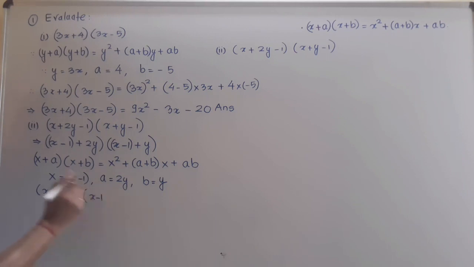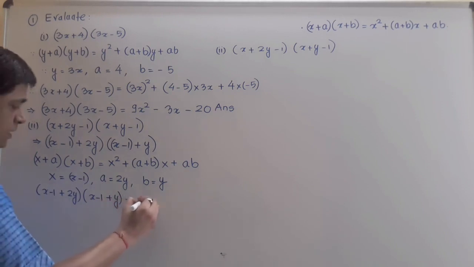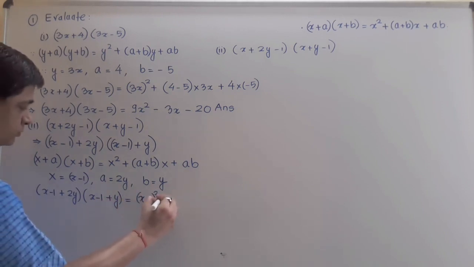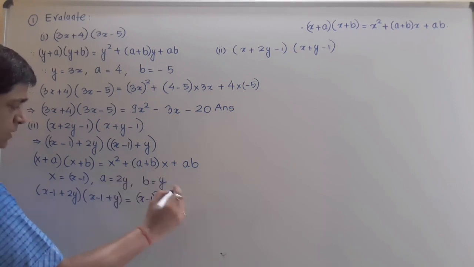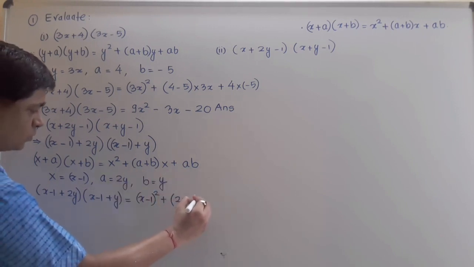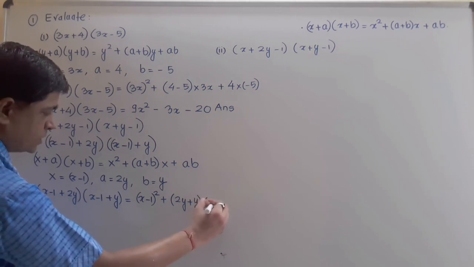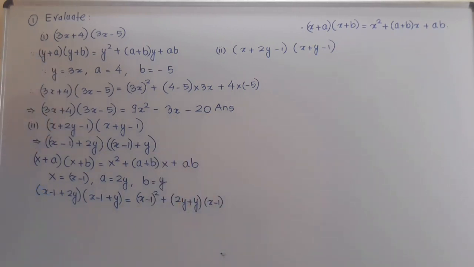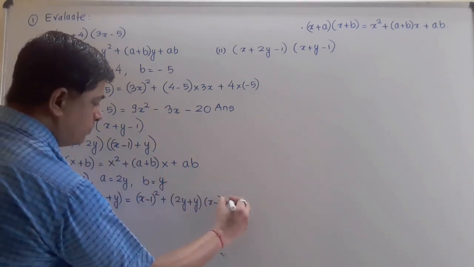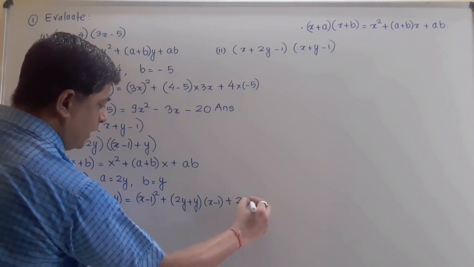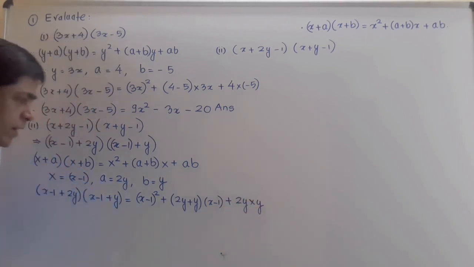Similarly again x minus 1, because I am keeping the value of X, and the value of B will be small y, is equal to, now capital X square will be x minus 1 whole power 2, plus A plus B, so that will be 2y plus y, and in the small bracket it will come x minus 1, because I am keeping the value of capital X, and again now A into B, so plus the value of A, 2y, and the value of B, y.